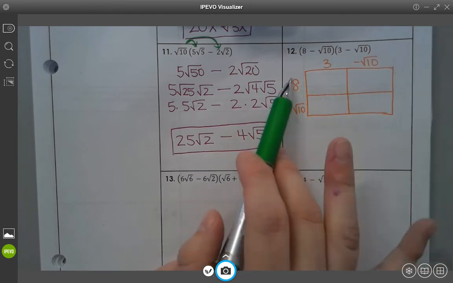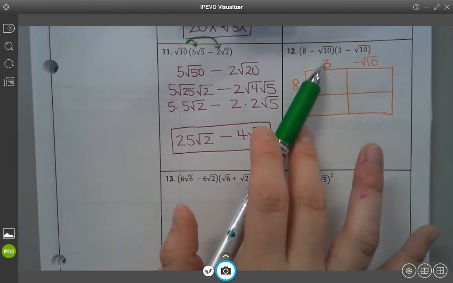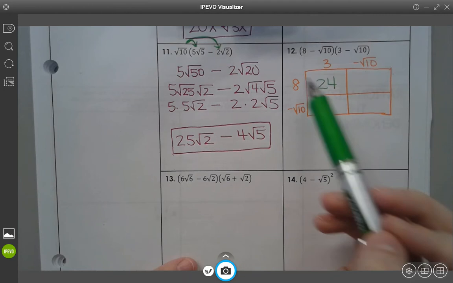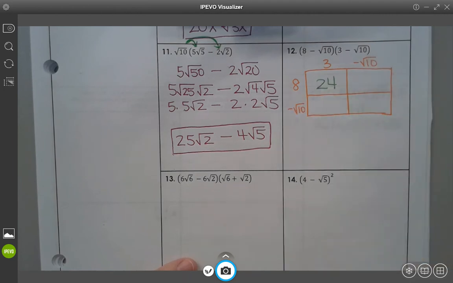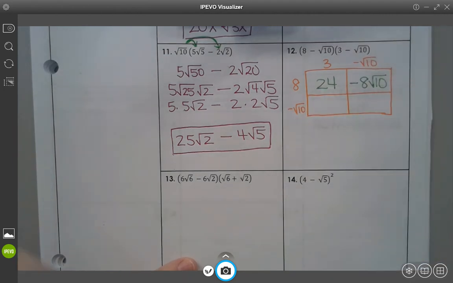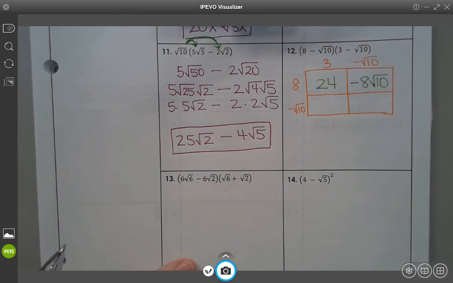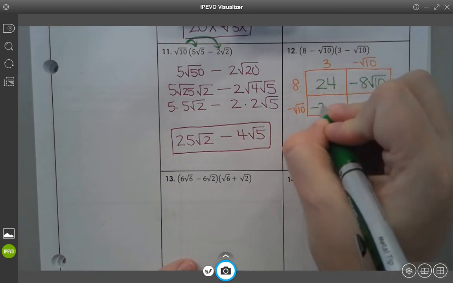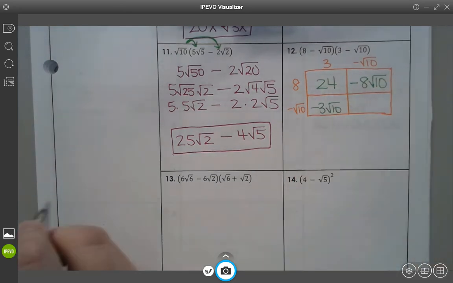What is 8 times 3? 24. And then 8 times negative square root of 10 is negative 8 square root of 10. And 3 times negative square root of 10 is negative 3 square root of 10.